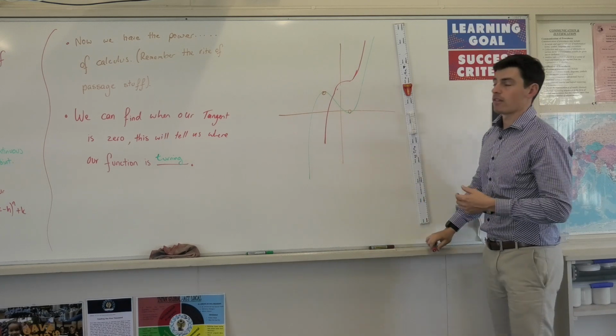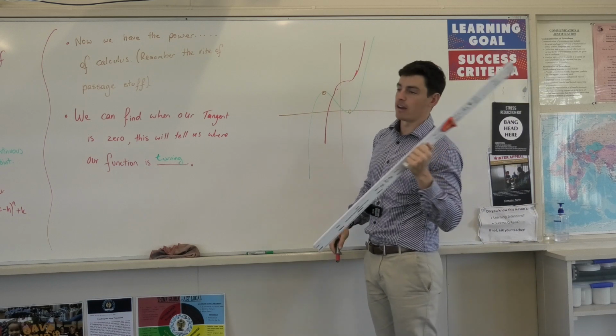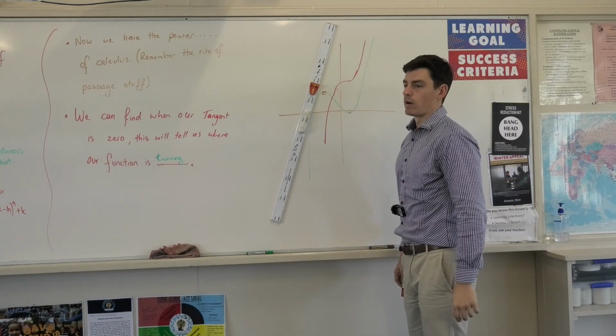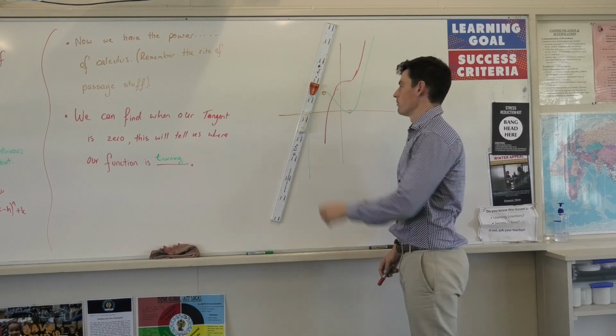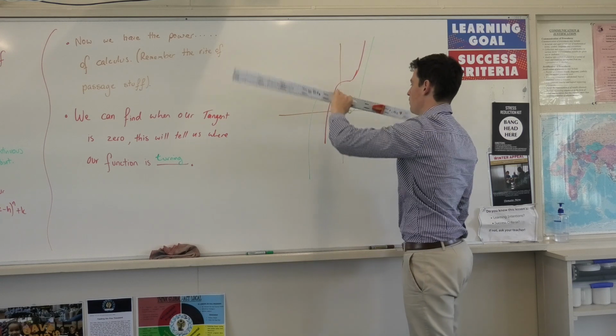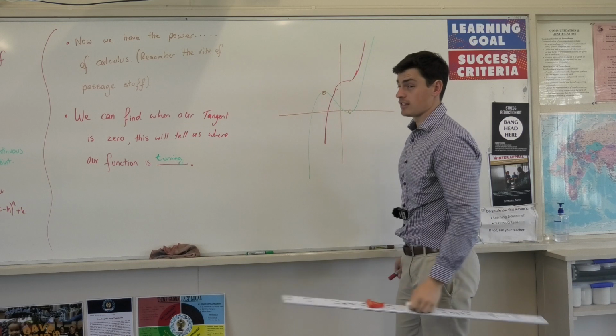So, think about the gradient. I just want positive or negative, okay? One word, positive or negative. Okay, that was the first example.